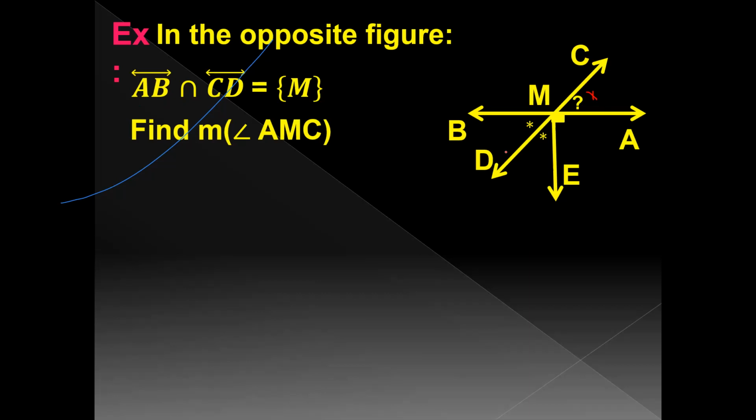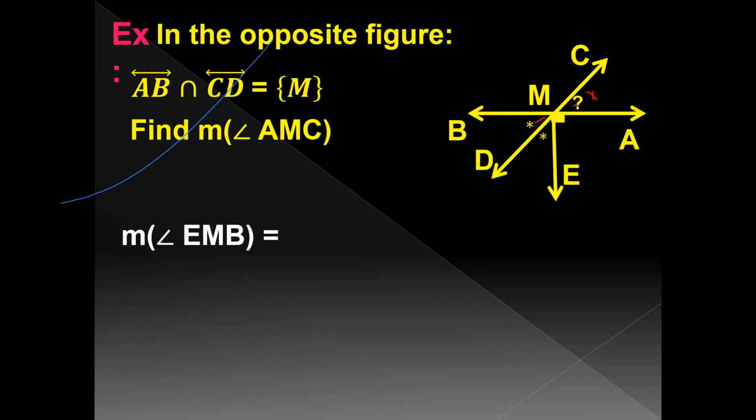So the vertically opposite angles will be angle CMA and angle BMD, this angle and this angle. Vertically opposite angles are equal in measure. So can you find the measure of angle EMB?